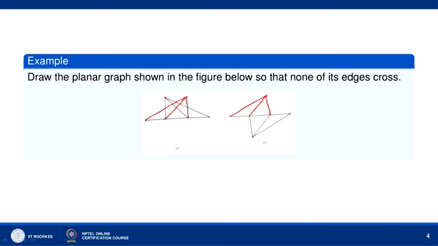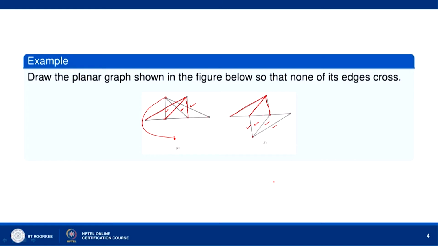And this vertex, let us bring down here, so that when it comes down, this can be joined to this, and this can be joined to this, and this can be joined to this. If you draw this vertex down here, then the edges which are joining to it will come here like this. And by drawing the graph in a different way like this, we see that none of its edges cross.